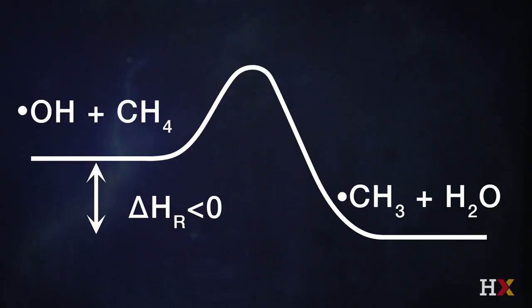And that convention comes exactly from the convention that says if heat is leaving the system, it's negative. And so all chemical reactions that produce energy have a delta H for the reaction that's negative. That means that this amount of energy is released when that reaction takes place.